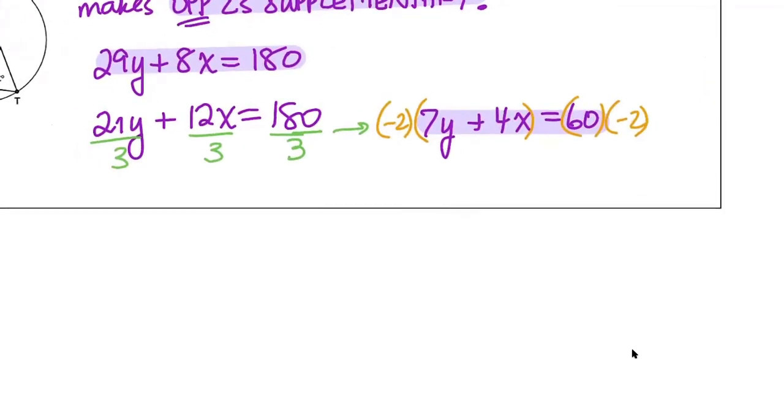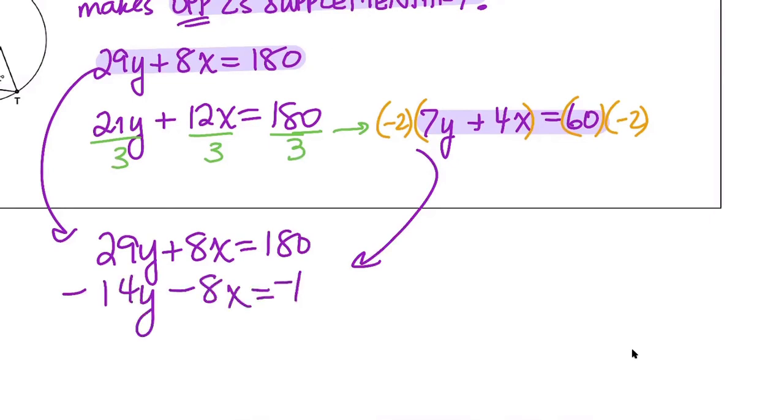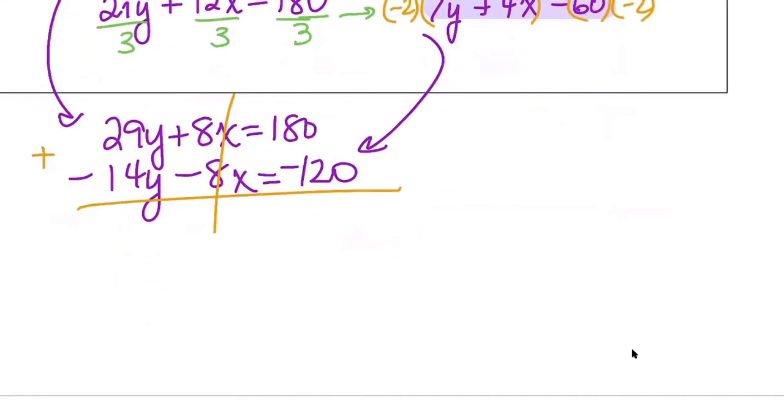Let's copy this down here: 29y plus 8x equals 180. And then if I put that one below it, I have -14y minus 8x equals -120. Then when I add them together, the x's drop out. Remember, this is called elimination. So we have 15y equals 60, and then y is 4.